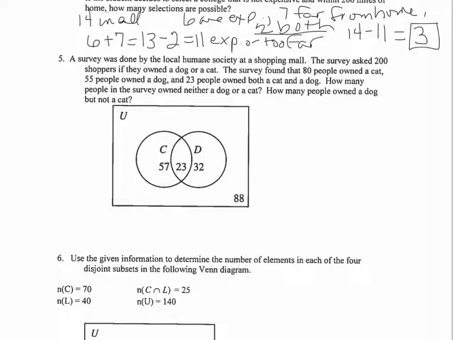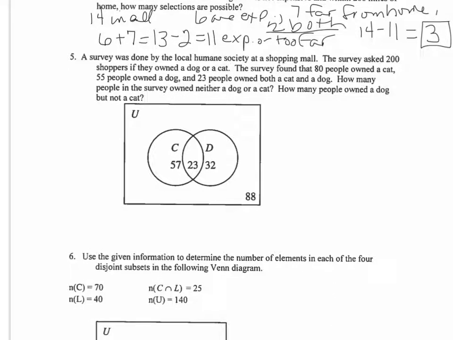Well, we're going to need to do a little calculating to figure that out. So here would be the way you would want to do that from looking at this diagram that we've been given. The survey asked 200 shoppers, that's told to us right here, to answer whether they owned a dog or a cat. So I know 200 people were surveyed.